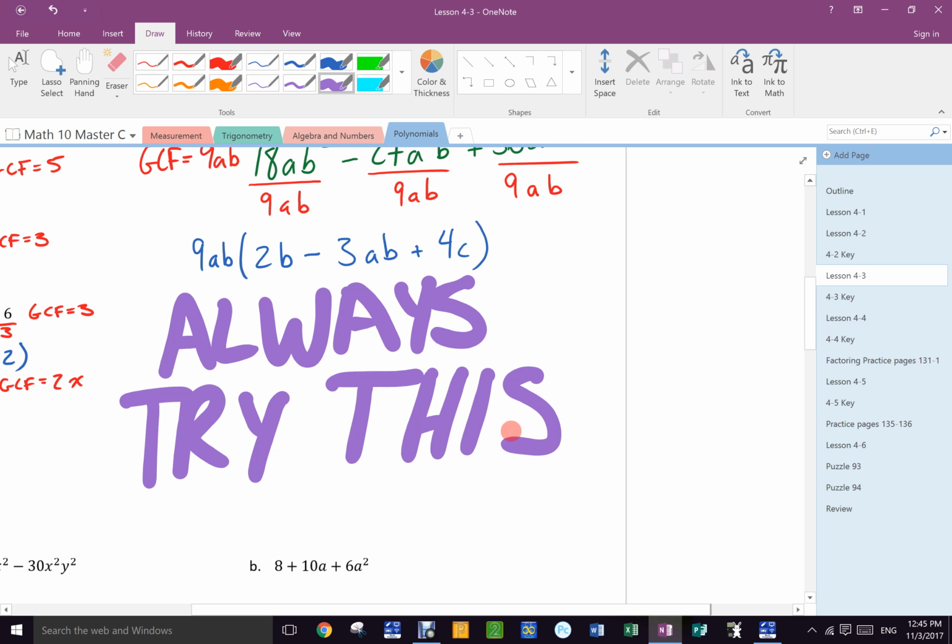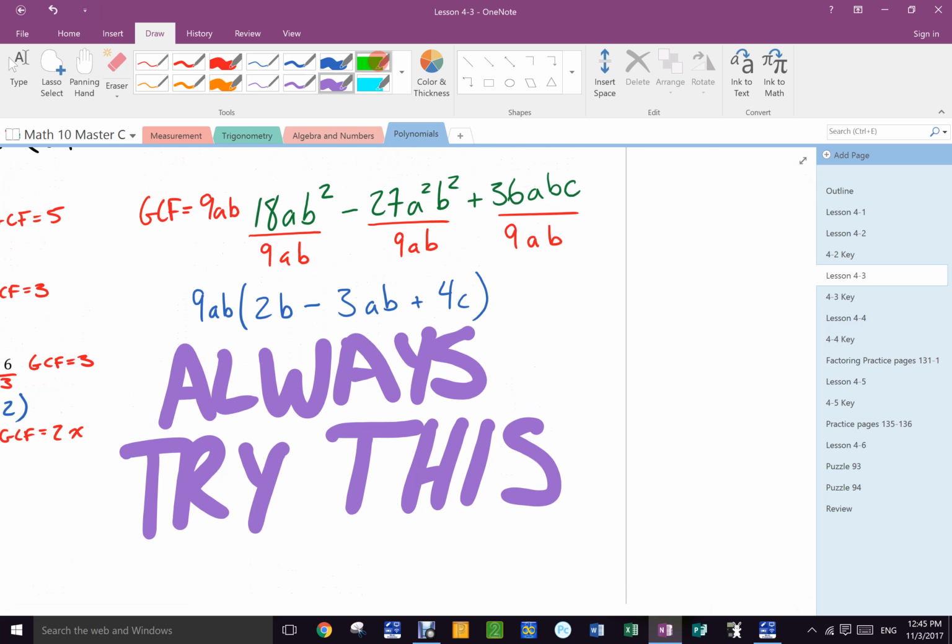From now, November 3rd of your grade 10 year, until the end of your mathematics career, if you ever see a polynomial that you can GCF, what are you going to do? You're going to GCF it. The very first thing you try. Always try this. Okay?